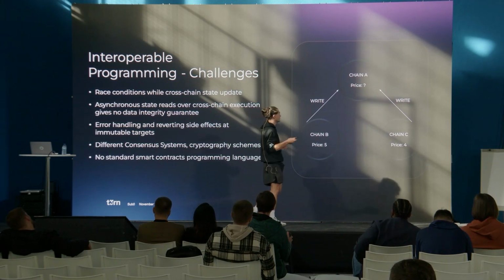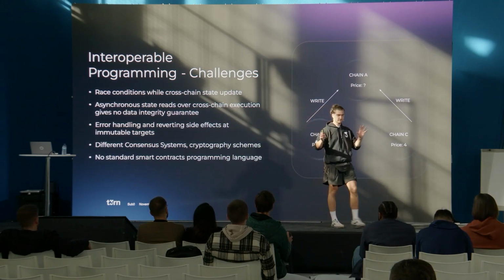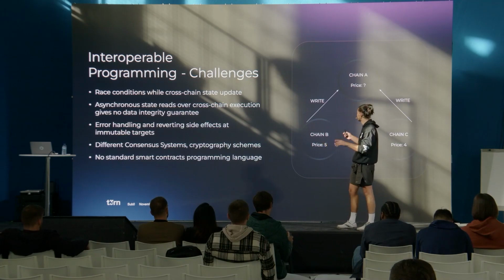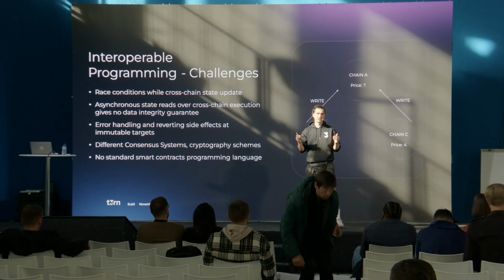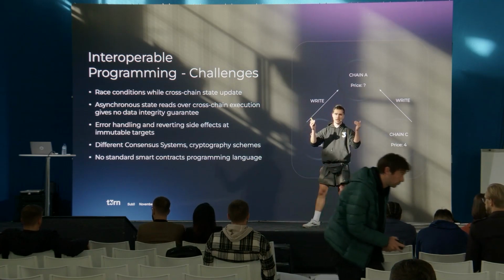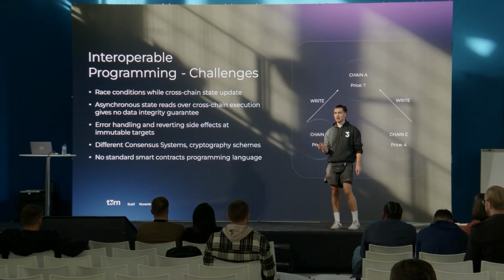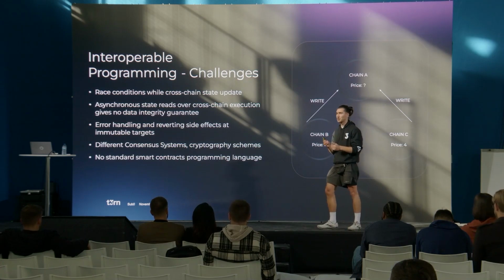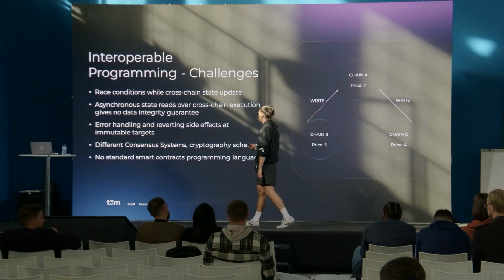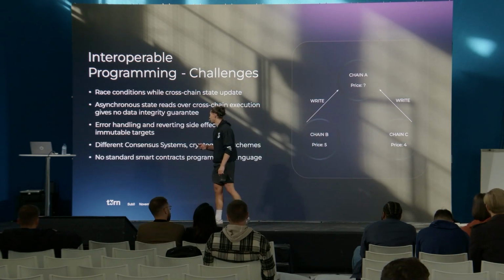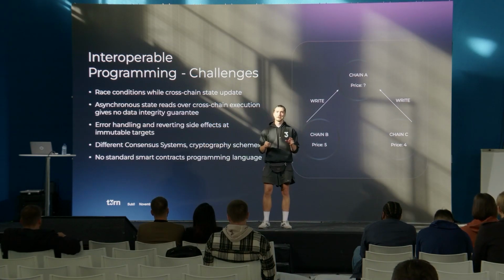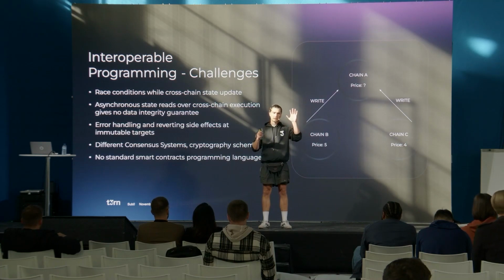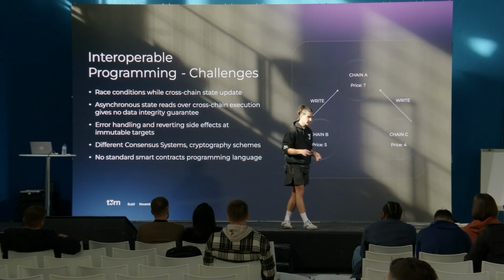So in interoperable programming, the main problem is there could be multiple race conditions when multiple state updates would come from different chains, different sources to different targets, and how to essentially control the flow of the execution. Also error handling and multiple different cryptography schemes when you want to develop a smart contract that interacts with multiple different chains.